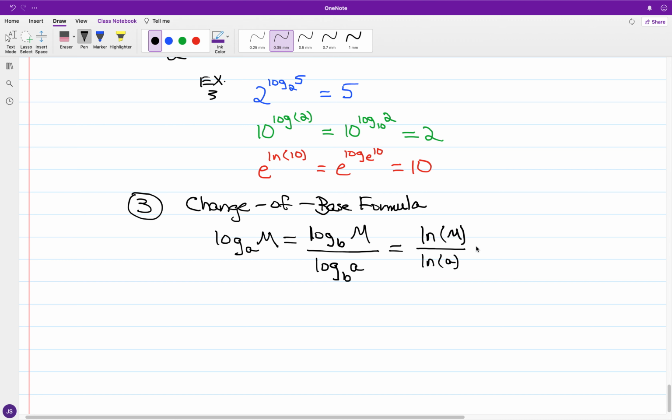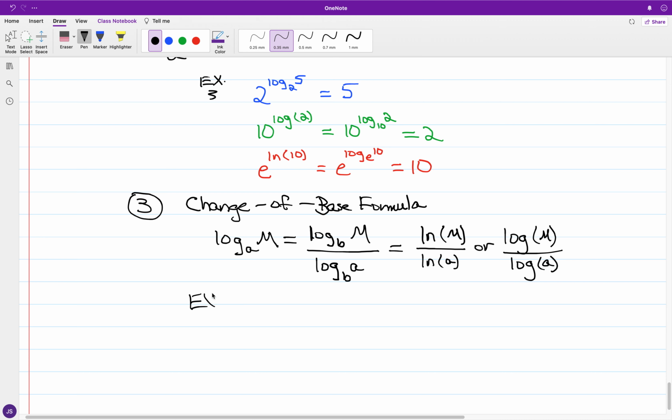Or you can go with the base 10 logarithm of m all over the base 10 logarithm of a. So you could use either one, and you'll still come out to the same reduction.